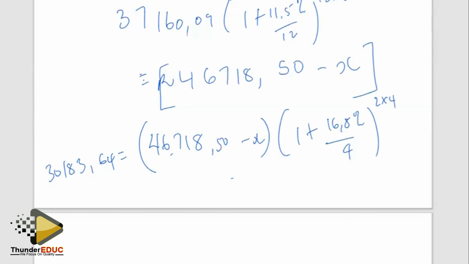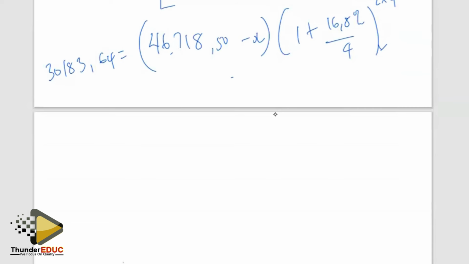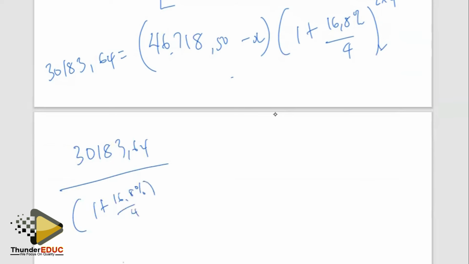So let's divide both sides by this bracket here. I think that will be quicker. So 63,183.64 divided by this bracket, we shall have 46,718.50 minus X. So let's see if we're going to get an answer.